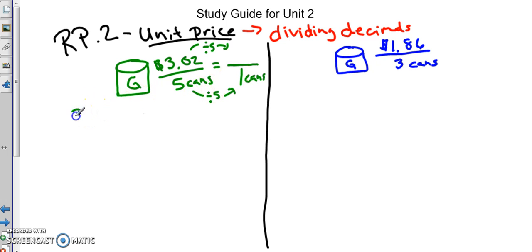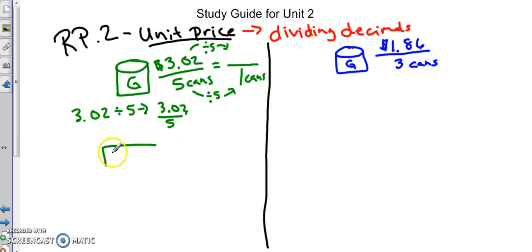So this is $3.02 divided by 5. Remember, this can also be written as a fraction, $3.02 over 5 like we had above. That means top dog always goes in the house, or the numerator always goes inside.